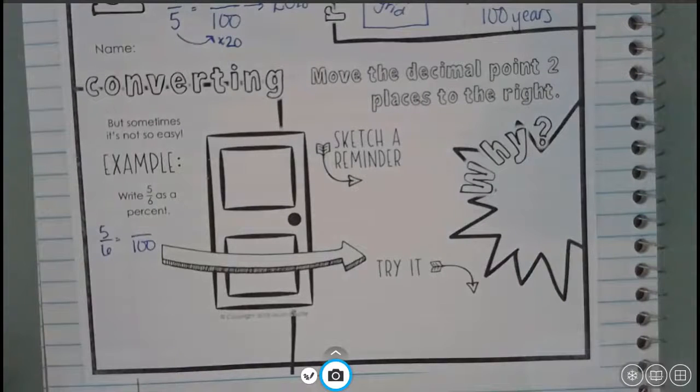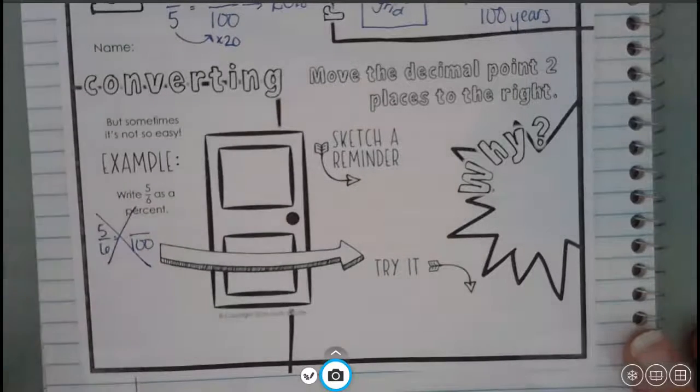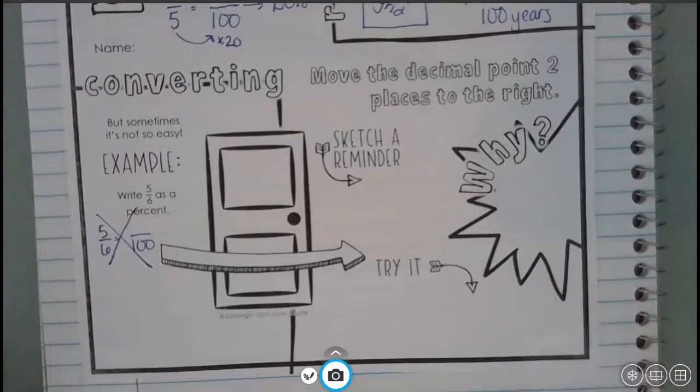Not as easy as 5. Not as easy as 10. Not as easy as 20. Not as easy as even, say, 25 or even 50. So this problem is why we sometimes have to use a calculator.